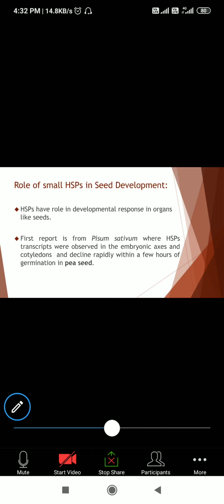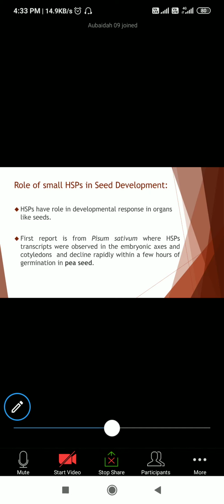As we know, in the seed we have three important components: one is the plumule, another is the radicle, and the third is the endosperm. This endosperm acts as a nutritional source for the growing plumule and radicle. When we sow this seed under artificial conditions, we have seen there is a higher amount of heat shock proteins in the cotyledons of pea seeds, and it declines quickly as germination starts.